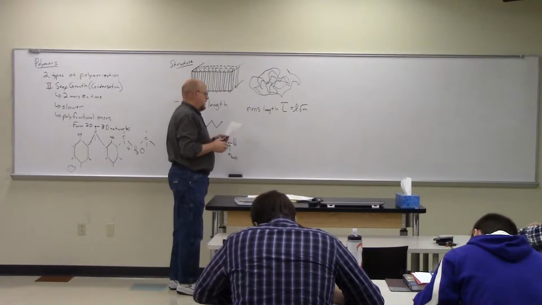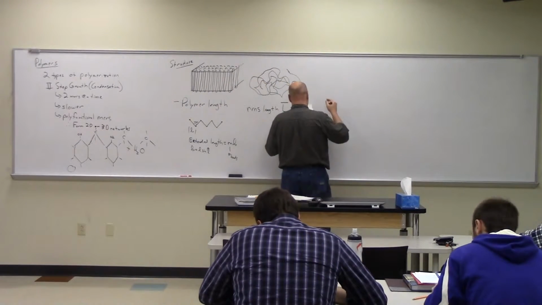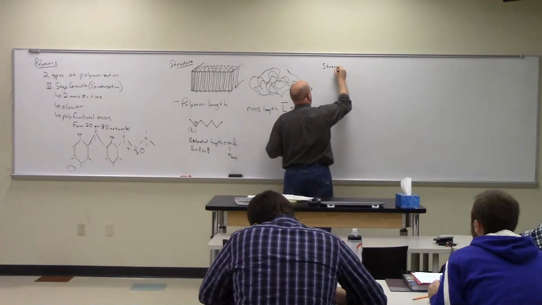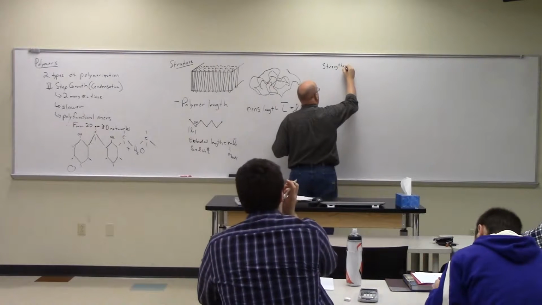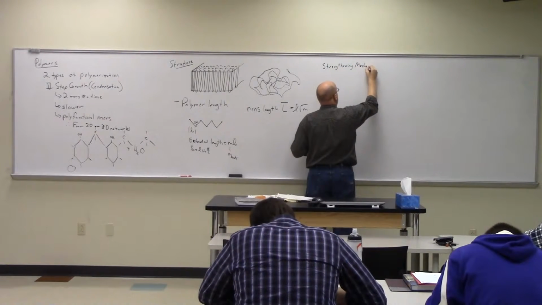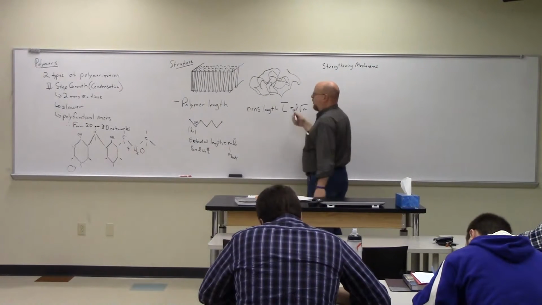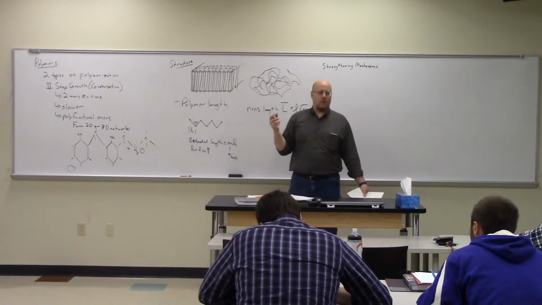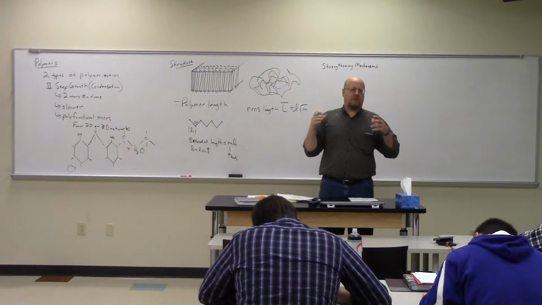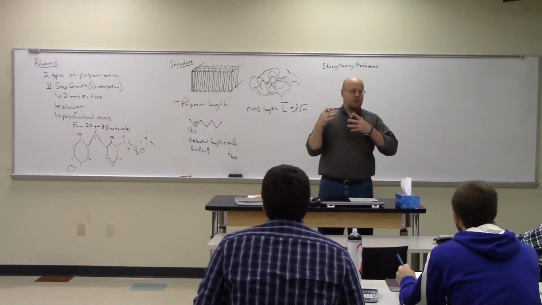Okay, what else do we have? Strengthening mechanisms. As I talked about before, polymers are not terribly strong. When we talk about mechanical properties, you pull on a piece of polymer, and the first thing you do is overcome the van der Waals forces holding multiple chains together.